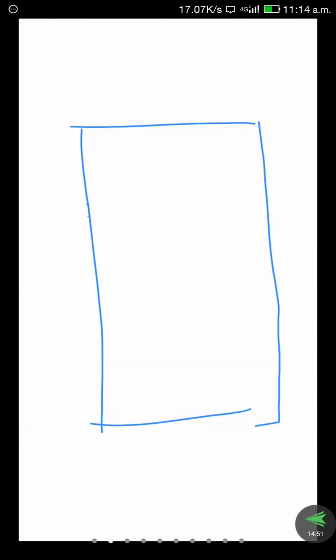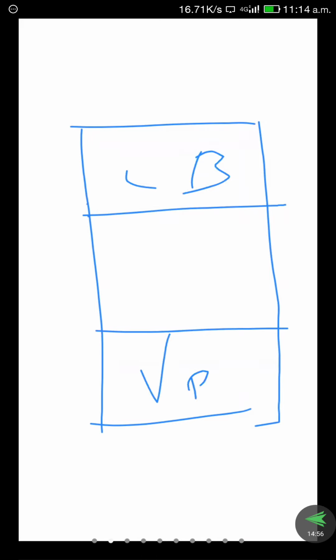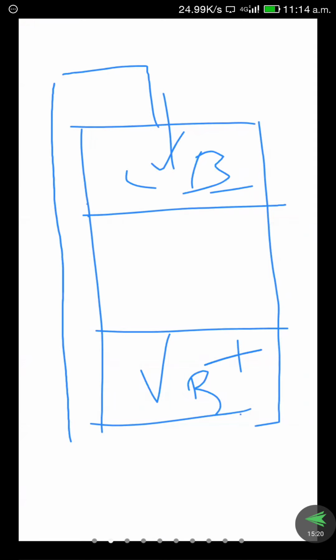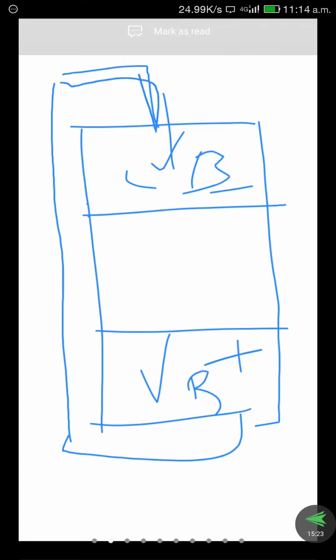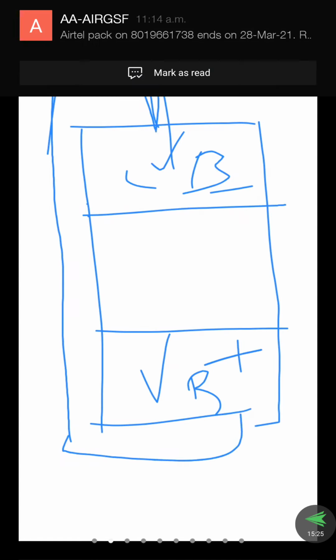Suppose CB and VB. It is the first terminal, suppose it is positive and this is negative. Any device works with a positive terminal and a negative terminal. So in order to pass the electricity in between these two, we need to use one of semiconductors, conductors or insulators.